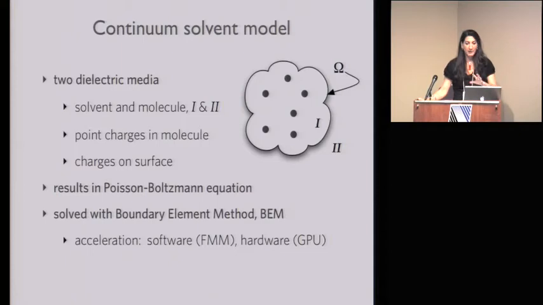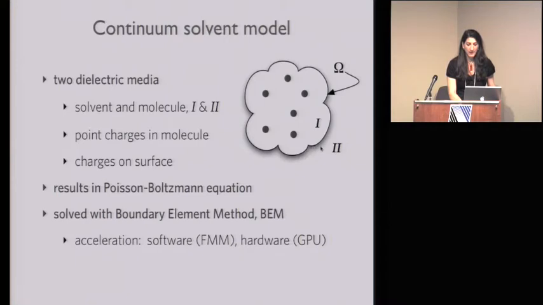First, that cloud there actually represents a molecule, and we're going to imagine that inside the molecule we have one material with one dielectric constant, and outside we have another material, the water, the solvent, with another dielectric constant. In addition, there are point charges inside the molecule in the positions of the atoms. And in this approximation, the effect of the charges on the material can be represented by a distribution of charges on the surface.